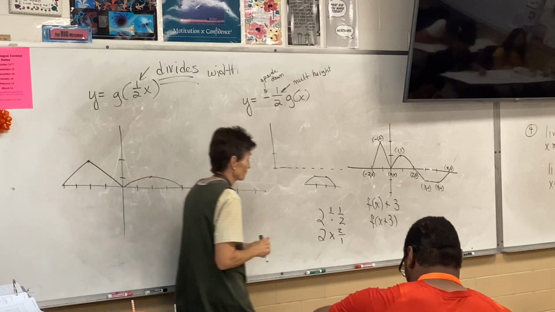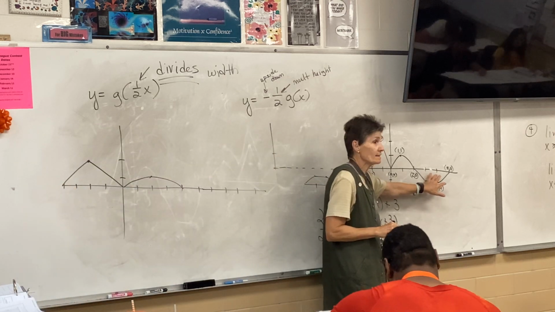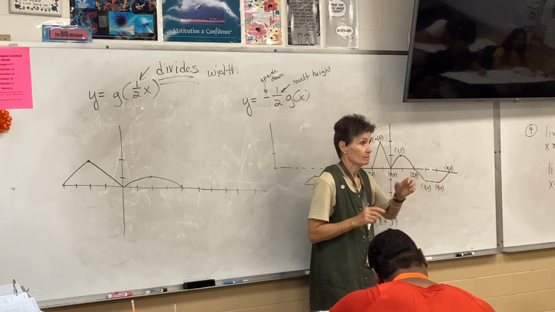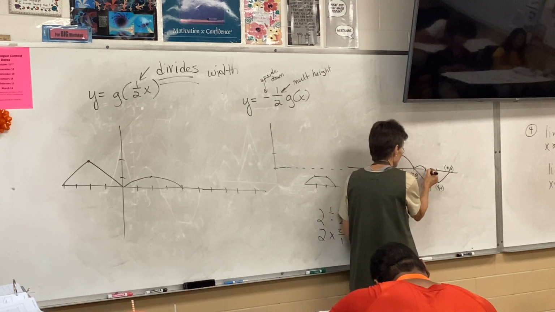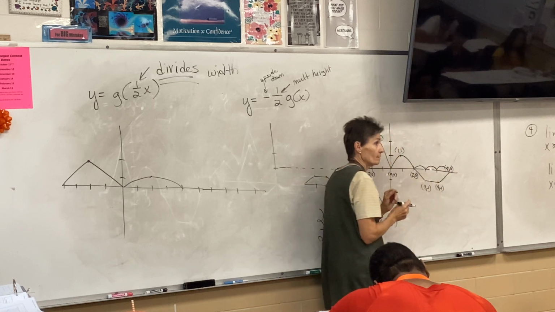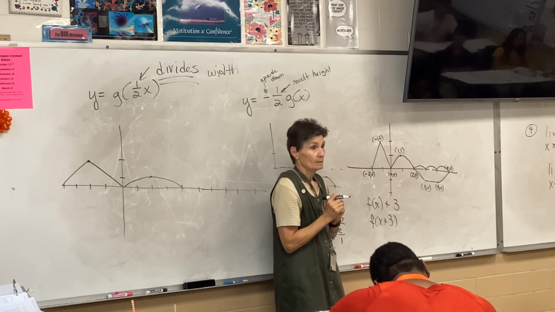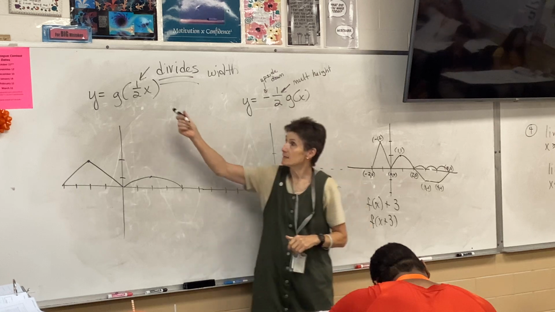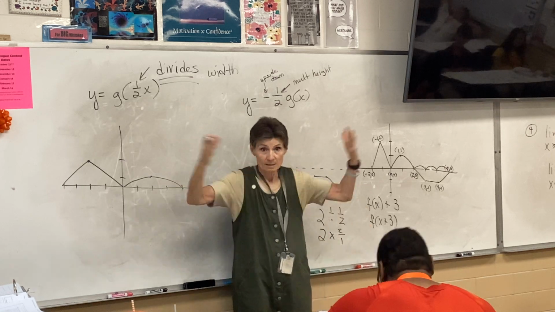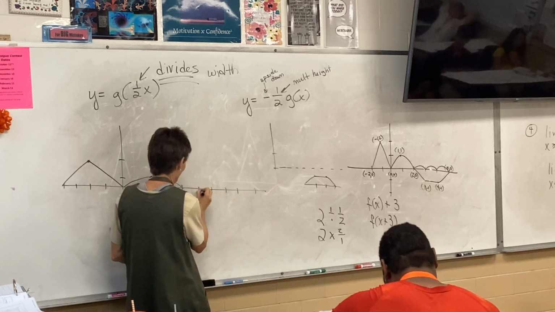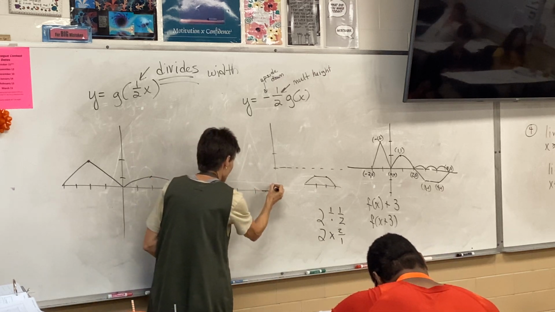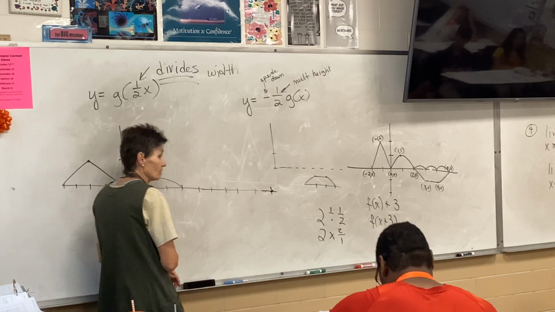Because how wide is my original trapezoid? 3? Look, when you count, it's 1, 2, 3, right? It's 3 wide. Well, because of this, it's now going to be 6 wide. So 1, 2, 3, 4, 5, 6. Now it's going to end over here.